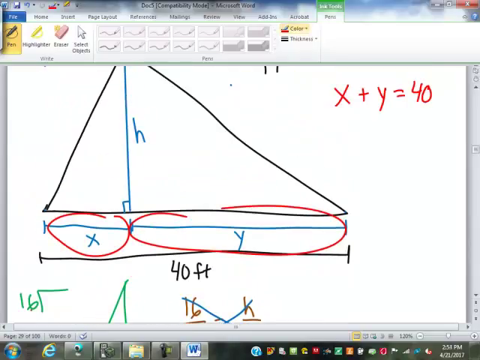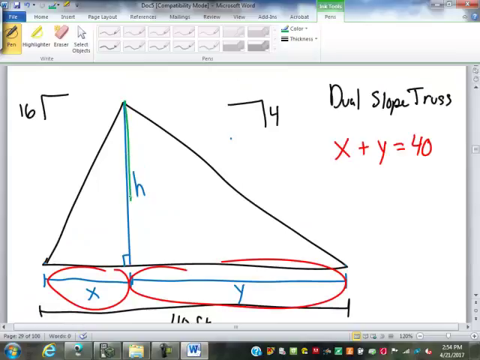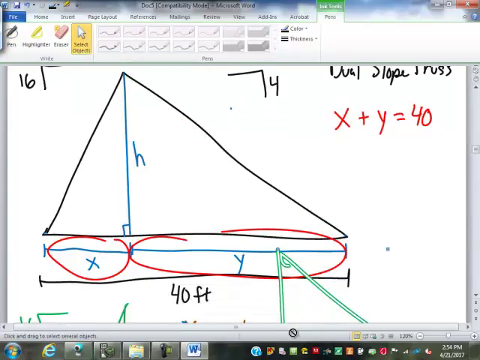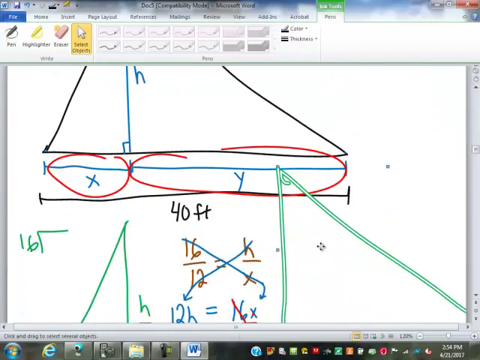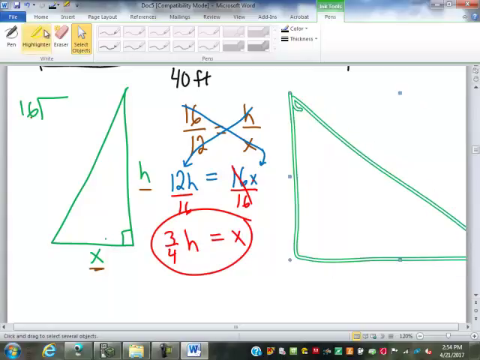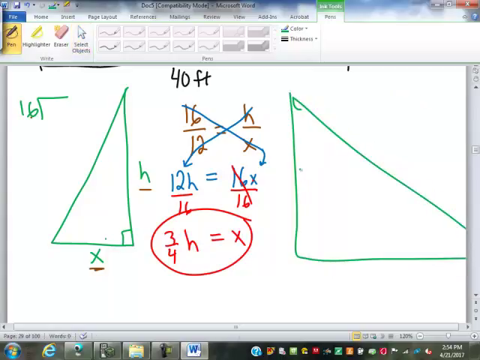I'm going to come back up here now, and we're going to look at the other side. We're going to look at this triangle, I should say. We're going to pull this one down here to analyze it. The height of this is still h. The bottom of this is y.